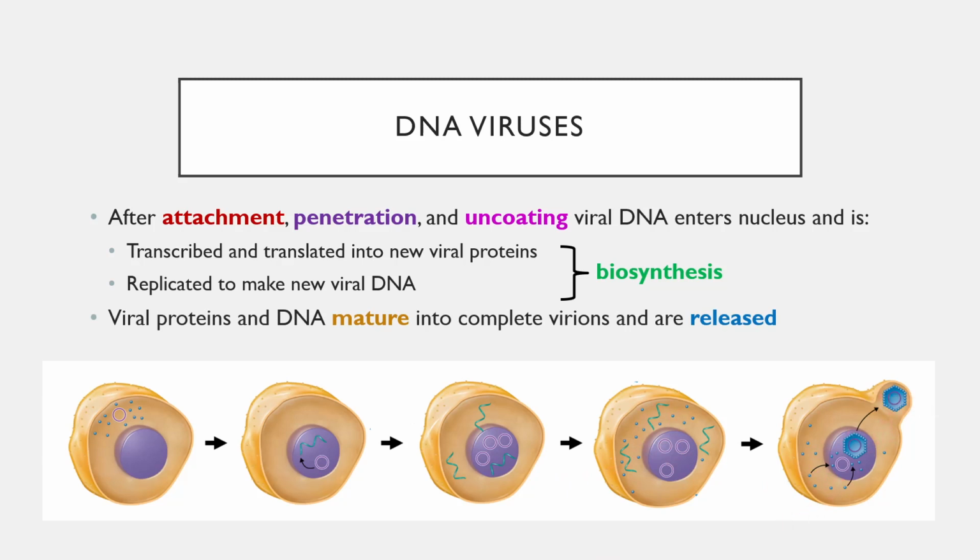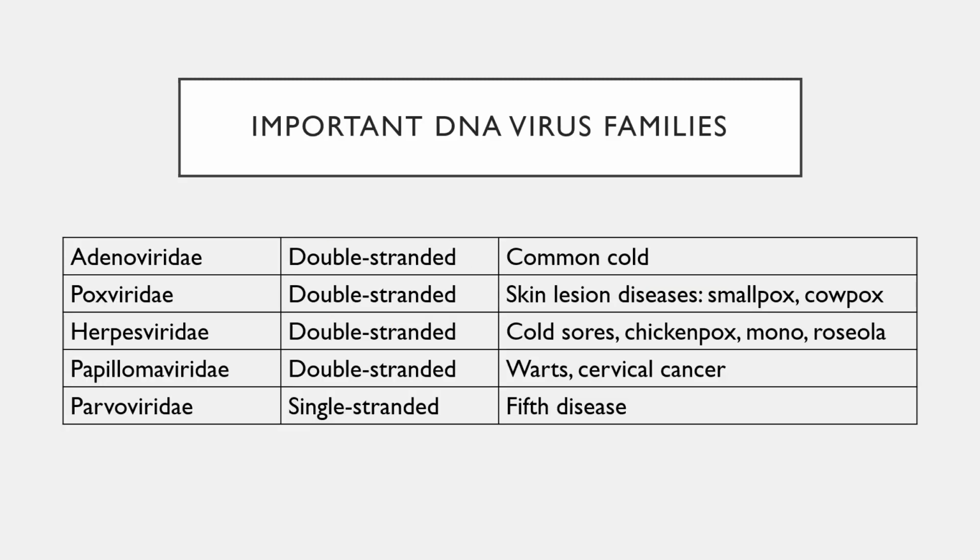There are a variety of different DNA virus families that categorize different groups of viruses based upon their relatedness. Typically, these groups of viruses are not only genetically related, but they cause similar diseases. Adenoviridae is a family of double-stranded DNA viruses that causes respiratory infections such as the common cold.